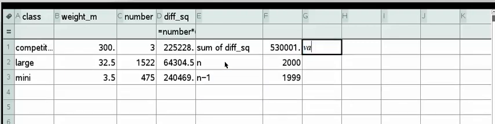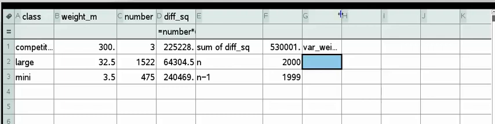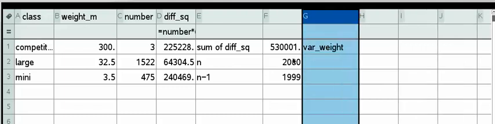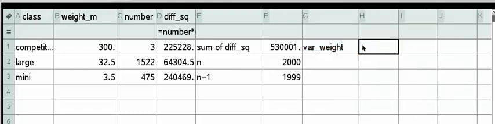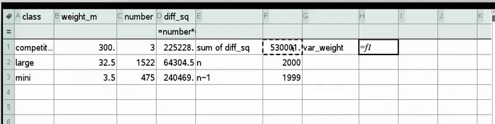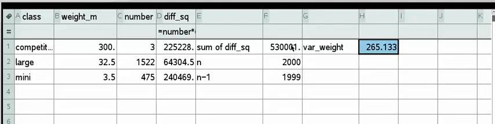And if we want to know the variance of the weights, we're going to take that number right there, and we're going to divide it by, I'm even going to type it so people can see it, that. That is the variance of the weight.